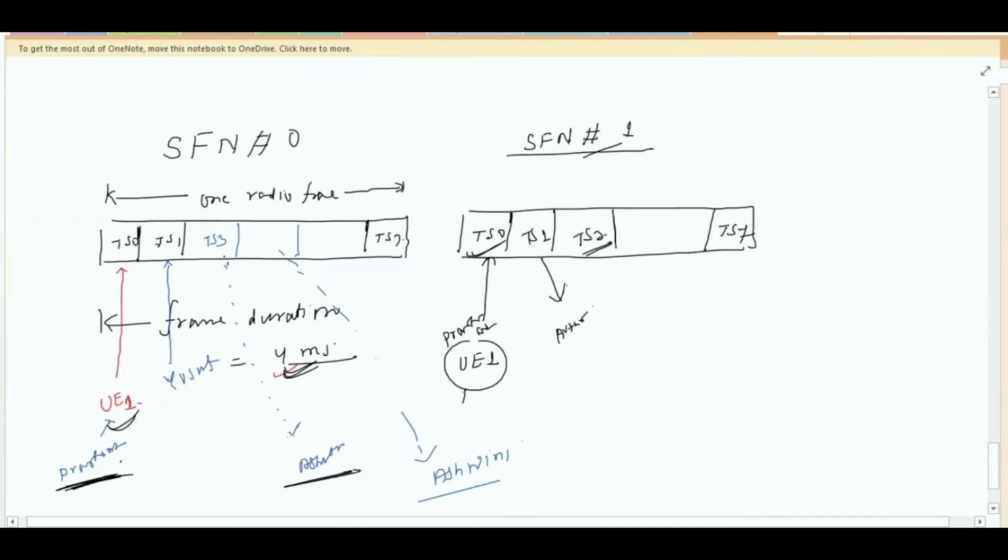Suppose here also TS3, again TS3. Always this 8 time slots gap should be maintained. Otherwise, if you allocate randomly anywhere, writing the program will be very difficult.